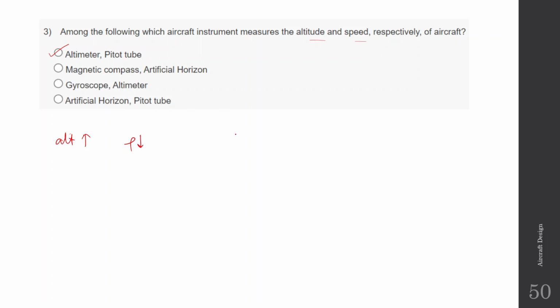So if we can measure the static pressure of the air, we can fit it to the formulas, and we can get an idea of the altitude. So the altimeter works like this.